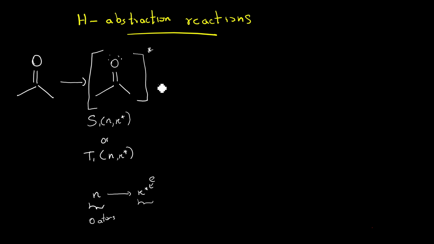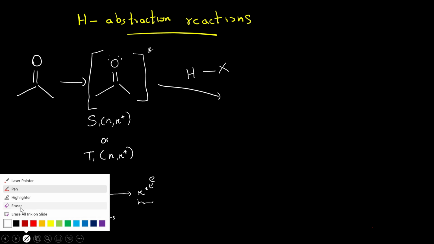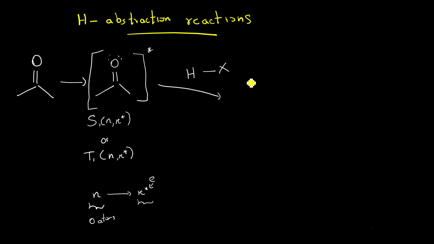Let's say I have introduced a substance like this, which is a hydrogen-donating substance. It can donate hydrogens, it can release hydrogens. Now what happens? This bond right here is weakened due to this transition.